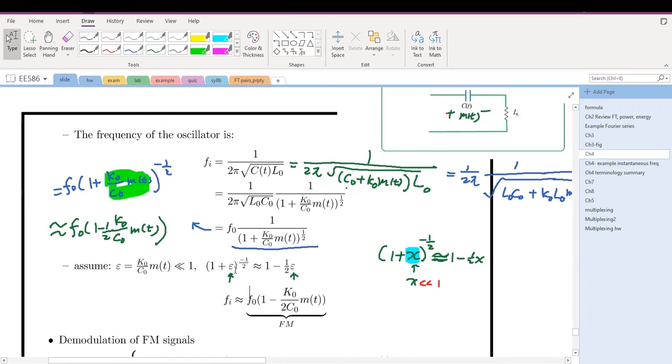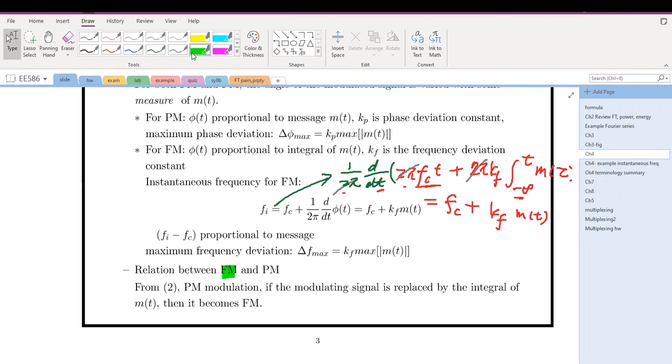If we compare this term, this is the instantaneous frequency for FM modulation, which equals fc plus kf m(t). We can see the frequency is changing with the message.